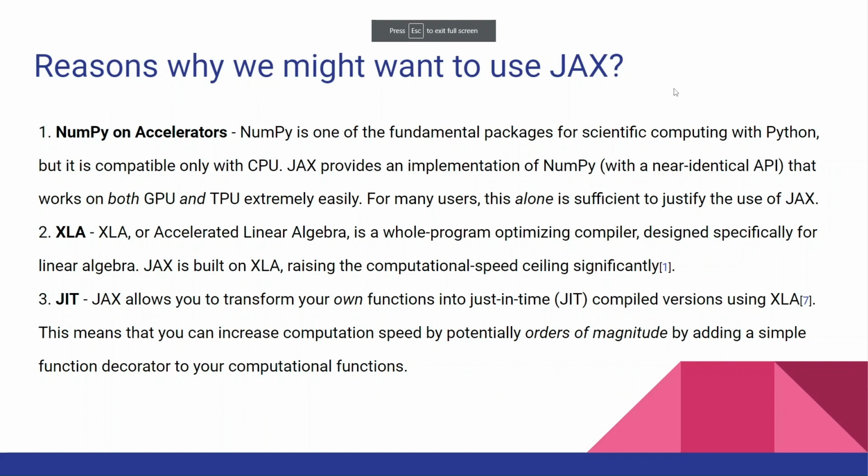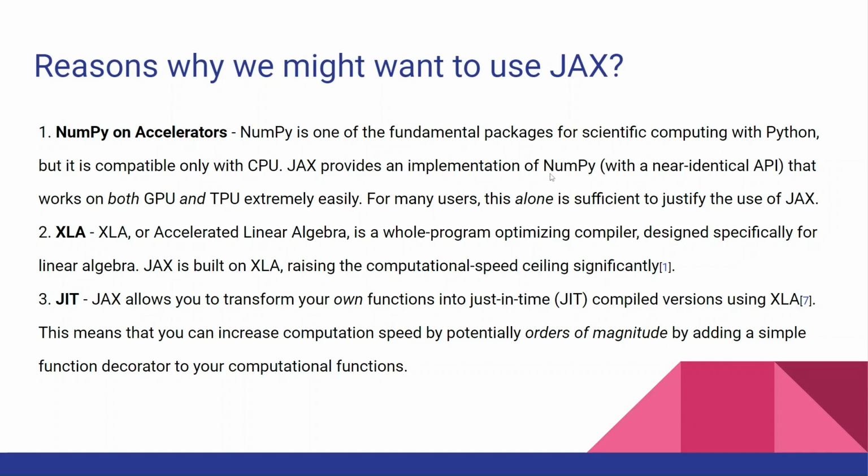Why JAX may be useful for you, or if you are considering using JAX for your deep learning, why would you use it? NumPy is one of the fundamental packages for scientific computing. NumPy with pandas is mostly used in PyTorch, TensorFlow, or any other framework, but it is only compatible with CPU.